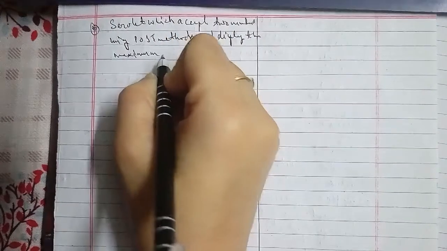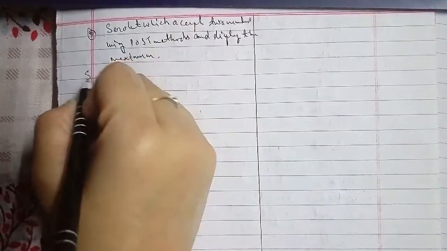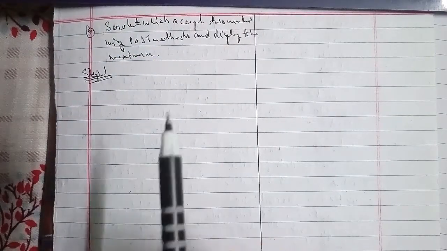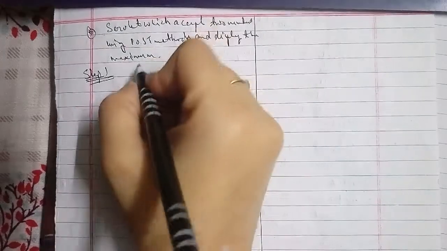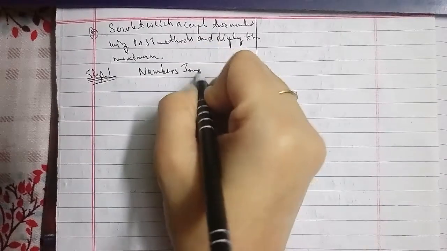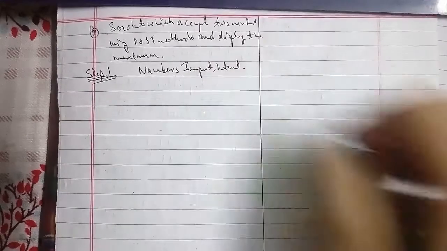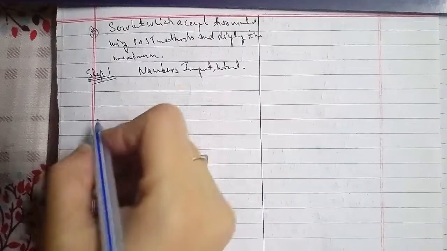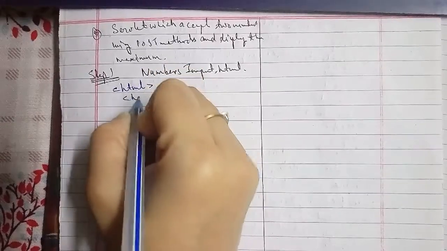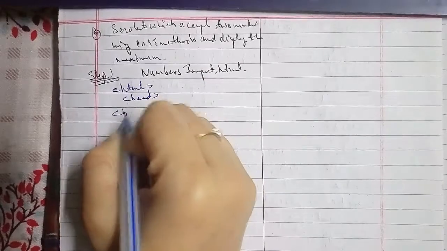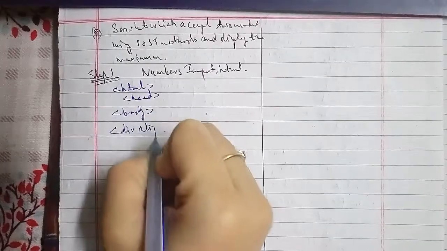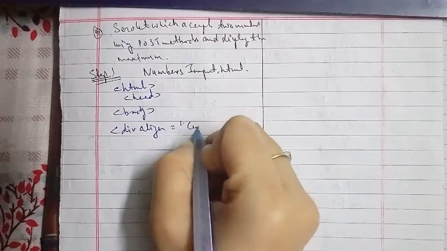Then we have a form action equals http://localhost/examples/servlet/MaxNumber, method equals post.